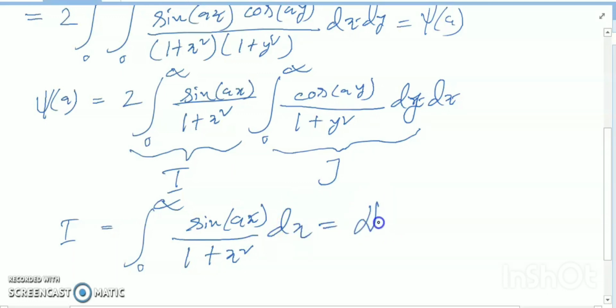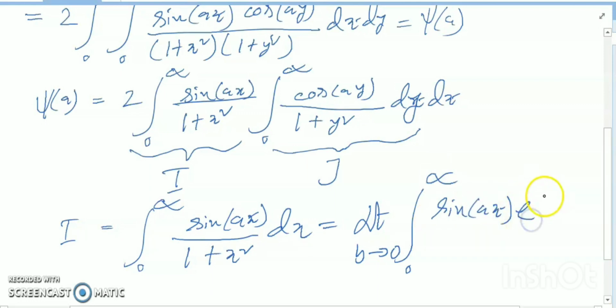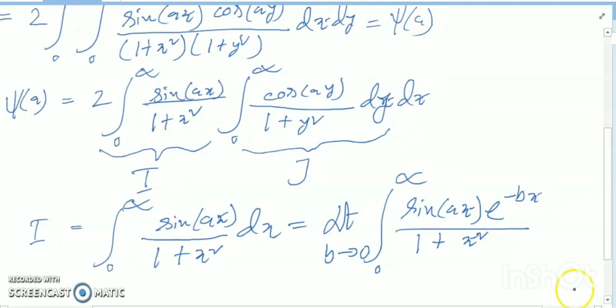So it can be written as the limit b tends to 0 of the integral from 0 to infinity of sine ax e to the power minus bx divided by 1 plus x square, into dx.